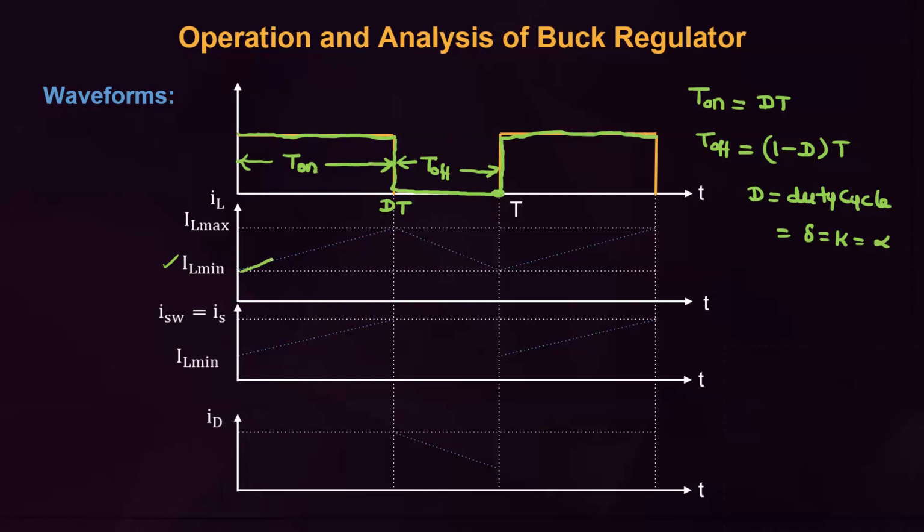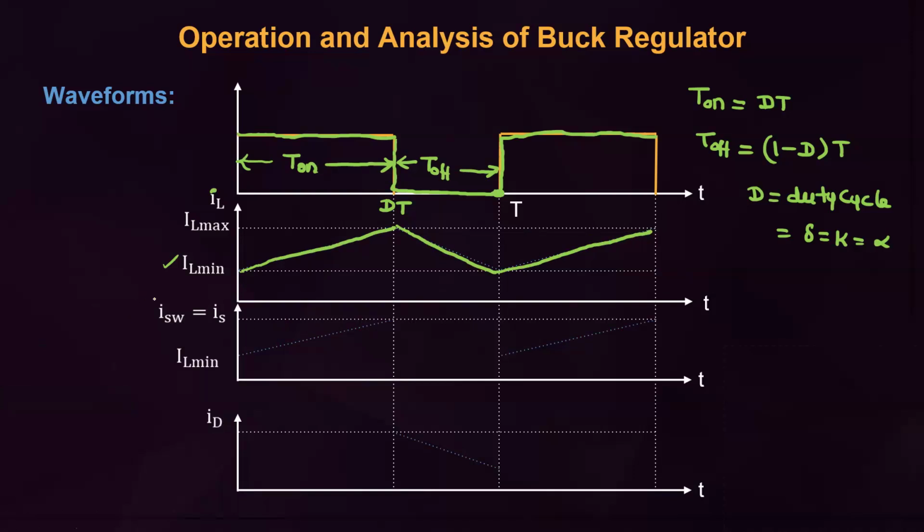During chopper on, the inductor stores energy. During chopper off, the inductor releases energy. Again storing the energy. This is the inductor current waveform, IL. The current is changing between minimum and maximum.